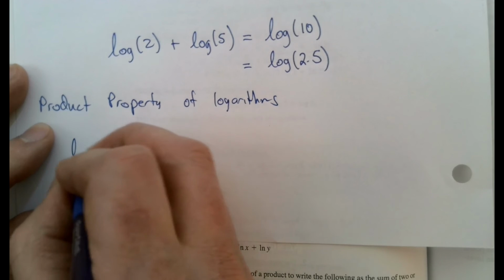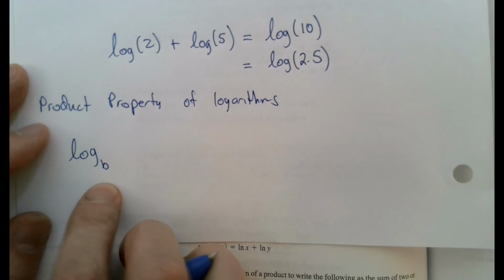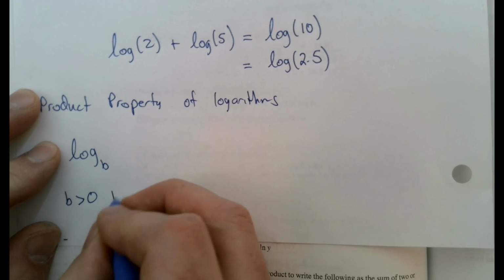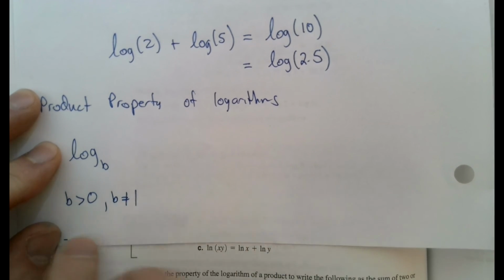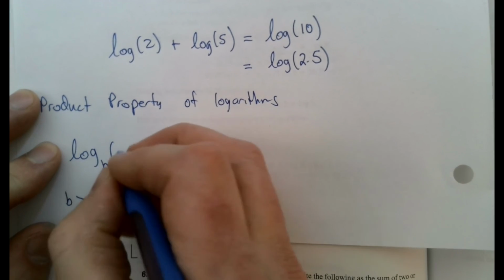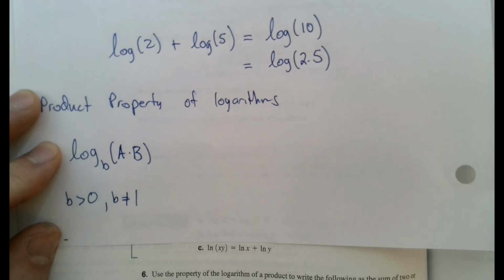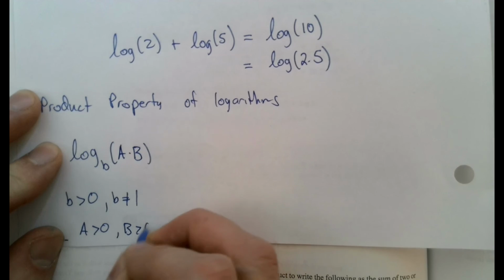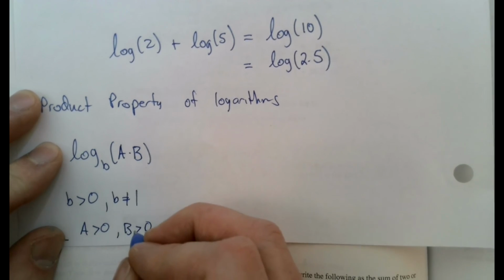And it states if we have log of any allowable base, remember those allowable bases are numbers greater than 0 and not equal to 1, those two conditions on our b, of a product of two numbers, and our textbook said they both have to be positive. That's true, right? We can't have a negative value in here.